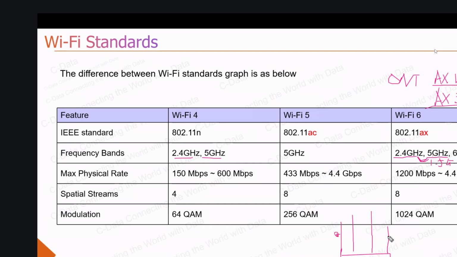Two of them provide the 2.4 gigahertz frequency. The middle one and 2 provide the 5 gigahertz antenna.